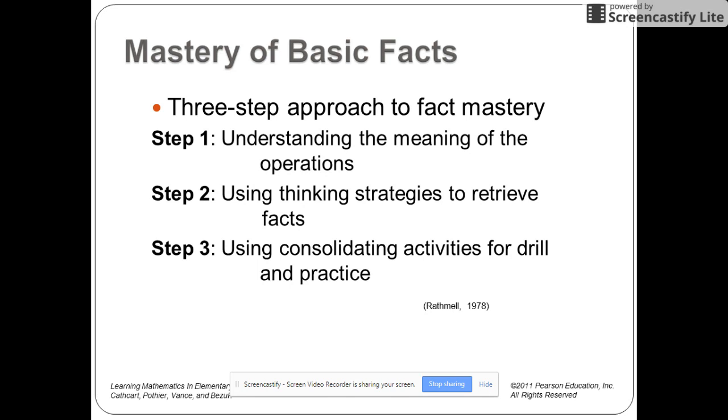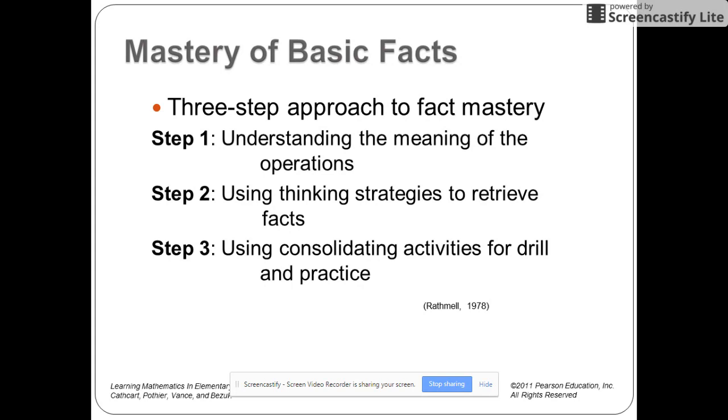In kindergarten and first grade, addition is putting together and adding to. So the key words that you'll use with your children in kindergarten and first grade for adding are putting together and adding to. You need to know those two terms. For subtraction, your students will take apart and take from.